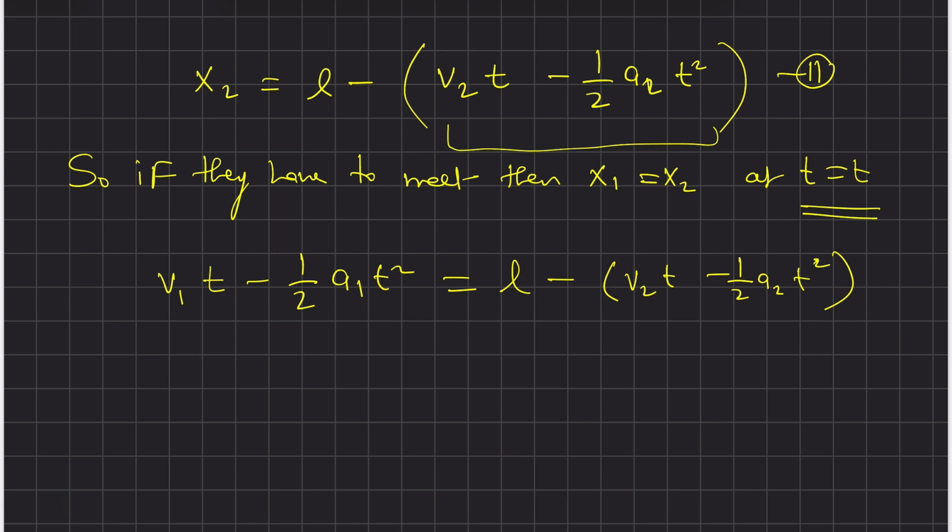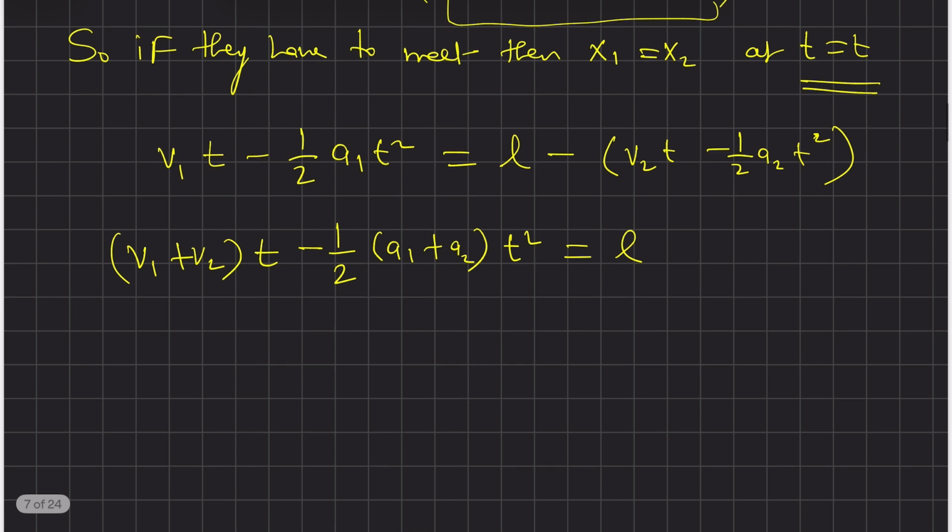So what we will have is v1 plus v2 into t, and then this is going to be minus, this will go to this side as minus, so half a1 plus a2 into t square is equal to L. Okay, if I want to maximize L, so L should be maximum, L max I want.